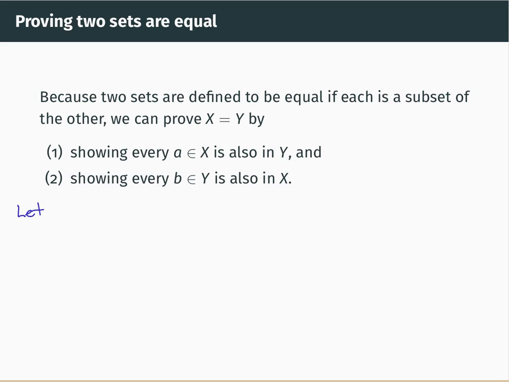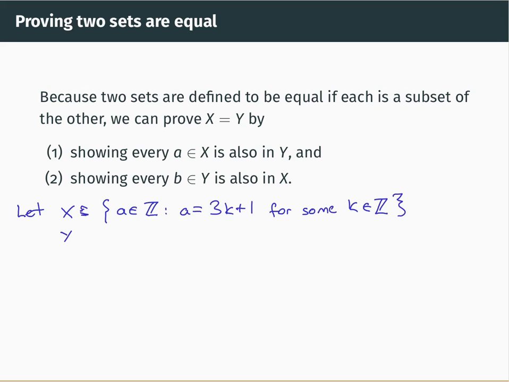Let capital X be the set of all integers A in Z such that A is equal to 3k plus 1 for some k in Z. So that's an example of the set builder notation.